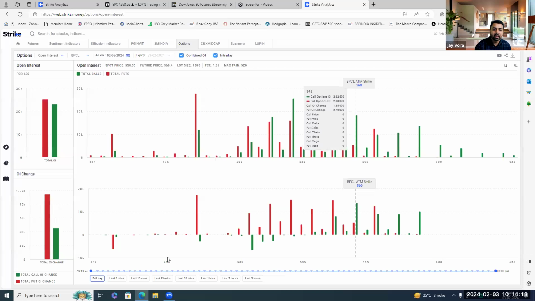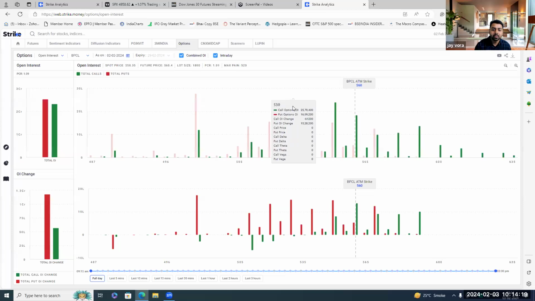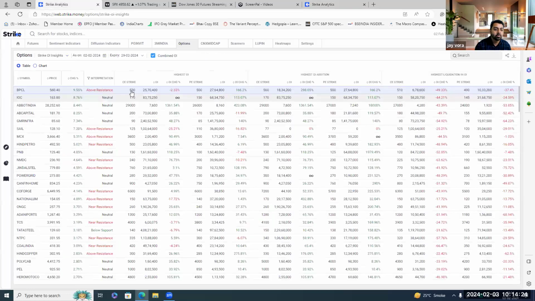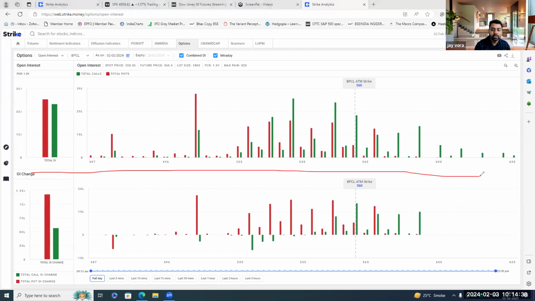Then I see where is the highest call open interest, which is the green line. I can see that this is the point where there is highest open interest, which is 530. So the screen mentions it over here that 530 has the highest open interest. Now, where is it that there is highest OI addition? For that, OI change will be the point that you have to see.